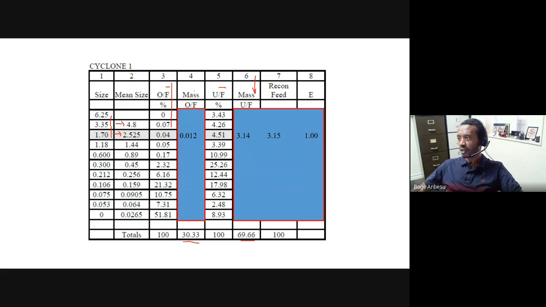So the first thing we can do is calculate column 4 and column 6 by simply multiplying by 30.3 and 69.7. Of course, these are expressed in percent. So 3.43 means 3.43%, which is 3.43 divided by 100.